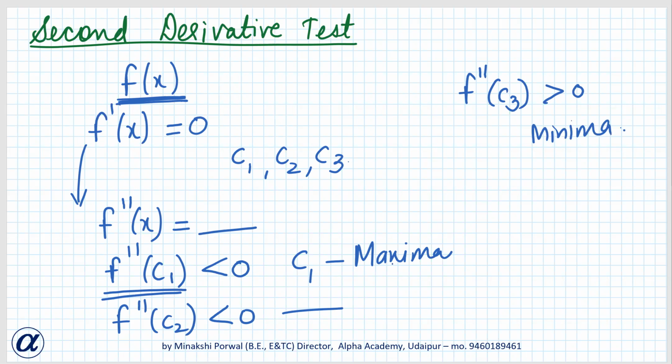Now if f''(c) equals 0 at a certain value, then the second derivative test fails.